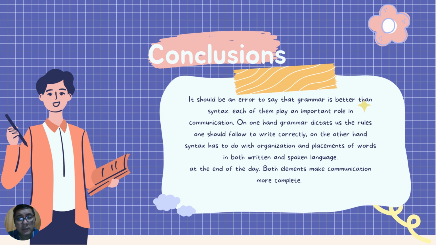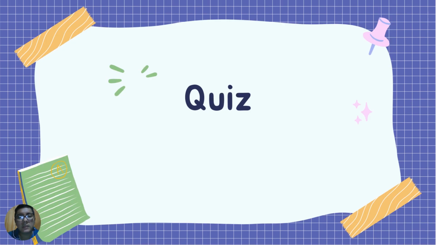On the other hand, syntax has to do with the organization and placement of words in both written and spoken language. At the end of the day, both elements make communication more complete, right? So we cannot say that grammar is better than syntax, because syntax is a branch of grammar. That is my conclusion.